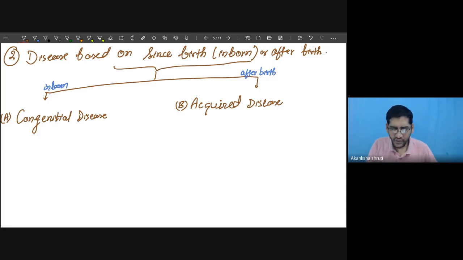This acquired disease, or this disease which occurs after the birth, may be because the person is coming in contact with another patient who already has a disease, meaning it is because of a communicable disease or because of infection from another person.